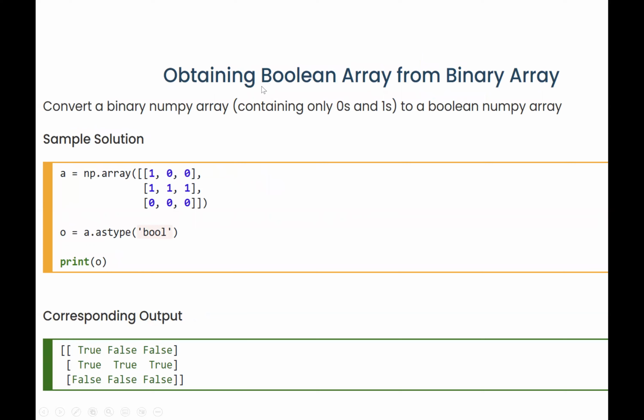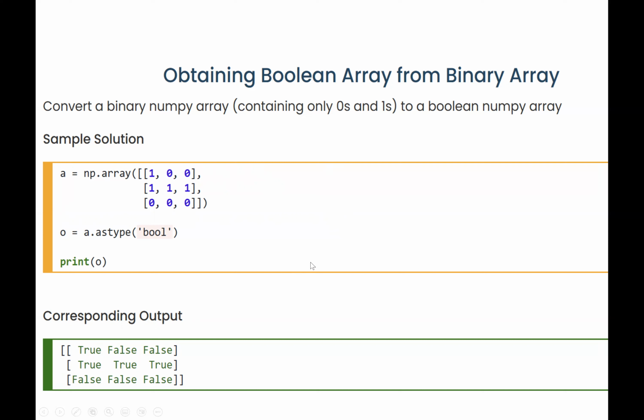Next is how do we obtain a Boolean array from a binary array? Here we are going to convert a binary NumPy array, which contains only zeros and ones, to a Boolean NumPy array. What we mean here is that, for example, in C++, true means 1 and false means 0. In Java, true is true, false is false.